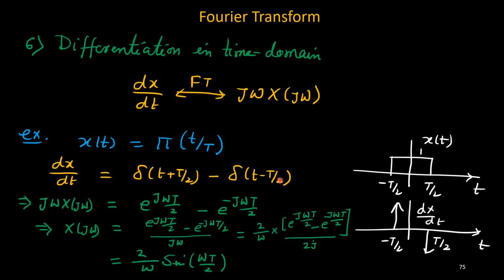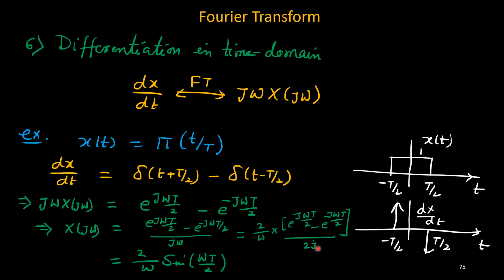Similarly, it is a time delay. For a time delay, it is a phase delay, e to the power minus j omega T by 2, and the spectrum is 1. That I have used. Now I can find X of j omega. So I can divide both sides by j omega. It becomes e to the power j omega T by 2 minus e to the power minus j omega T by 2, divided by j omega.